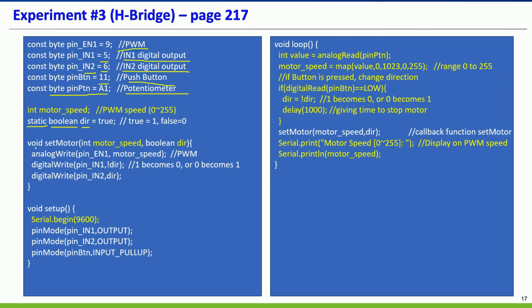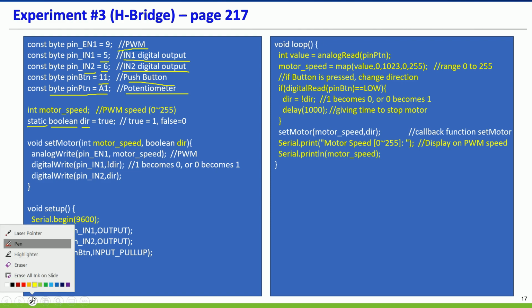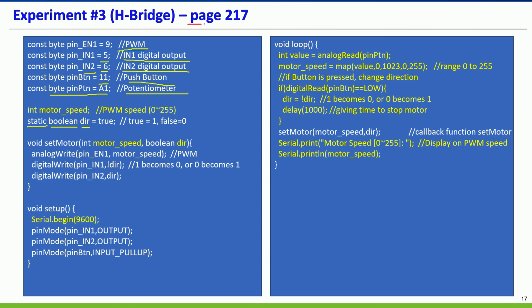Okay, and then we define void setMotor. I think this code is similar to the page 29217 in the textbook. I just give different code with the yellow color in here.